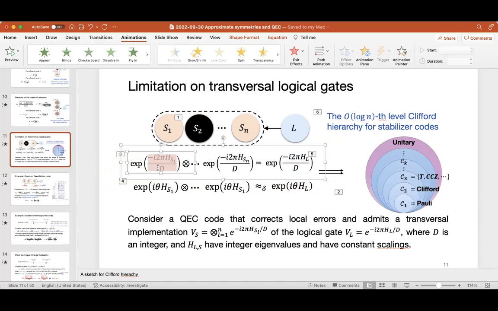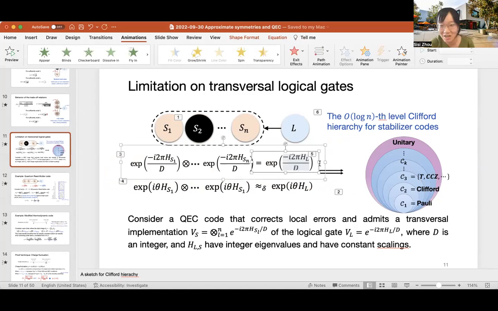D would increase with the number of qubits. Then in that case, it is closely related to the Clifford hierarchy if you consider stabilizer codes, because basically the larger D is, the higher the Clifford hierarchy you are in.